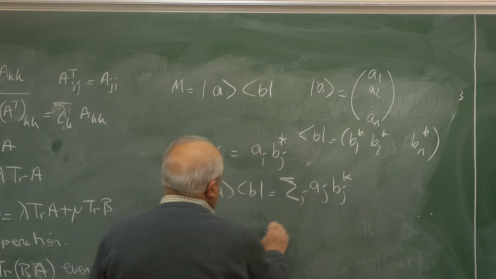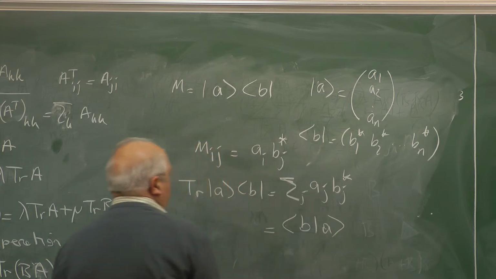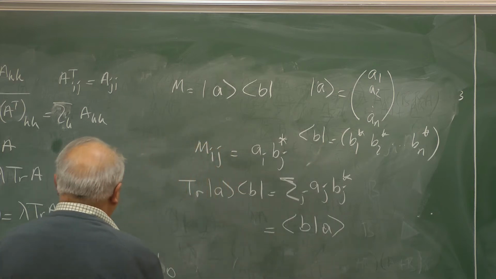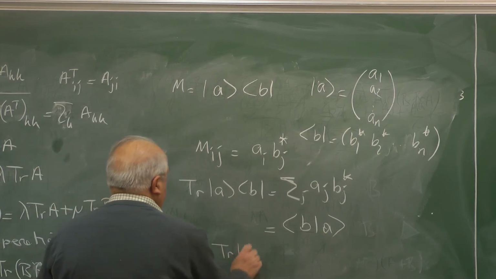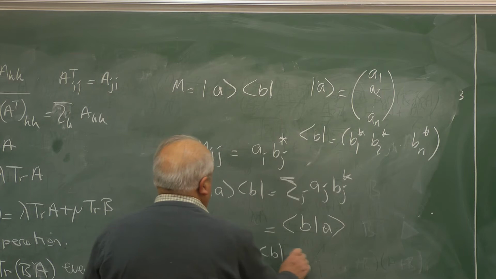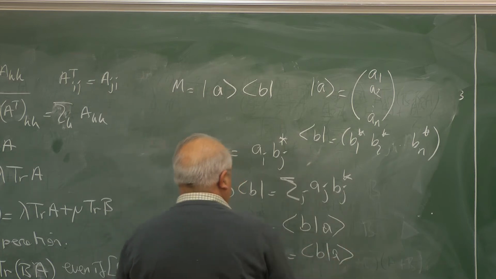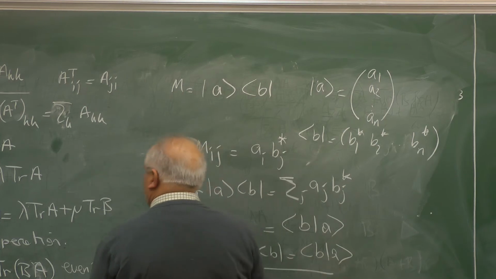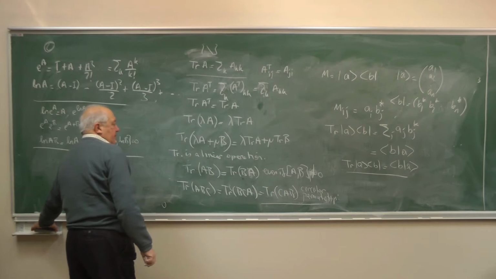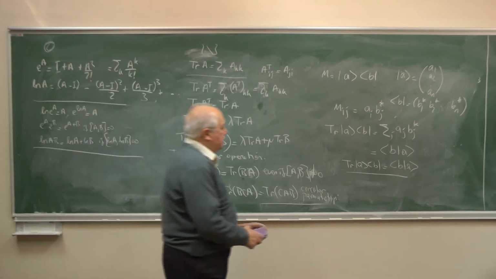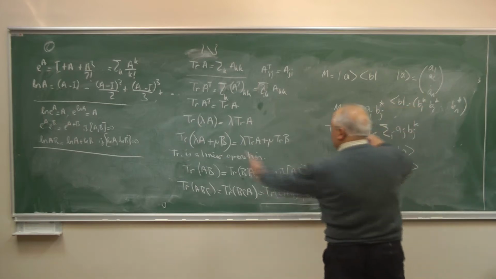And this is nothing but B dagger A. So trace AB, important result for physicists, B dagger A. Let me write it to the top, because here I'm done.